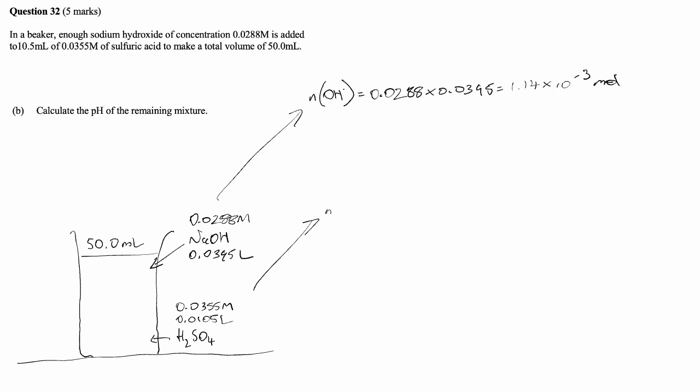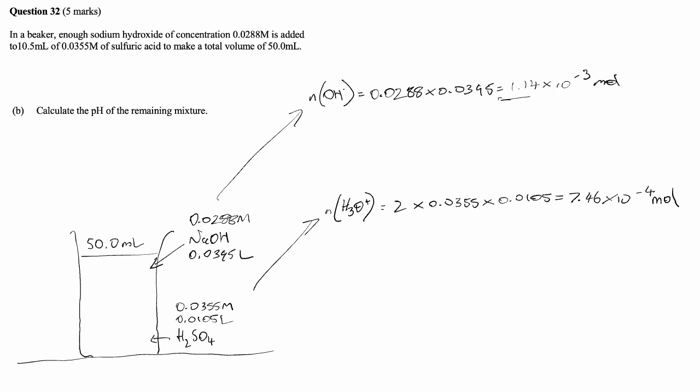So let's say that the number of moles of H3O here is going to be 2 times concentration times volume. 0.0355 times 0.0105, which is going to be equal to, let me just work this one out, 2 times 0.0355 times 0.0105, 7.46 times 10 to the negative 4 mole.